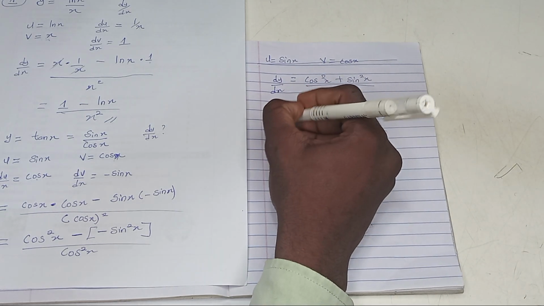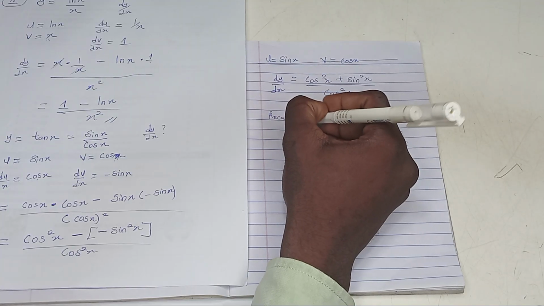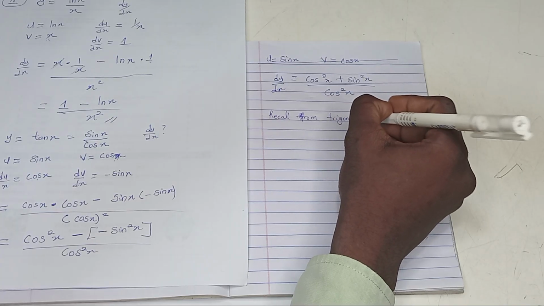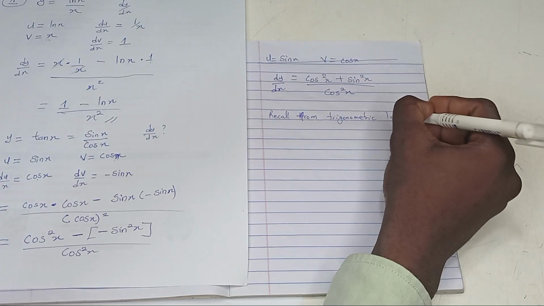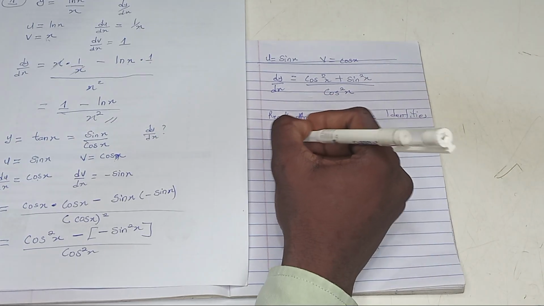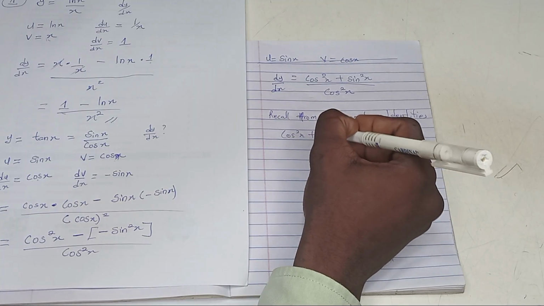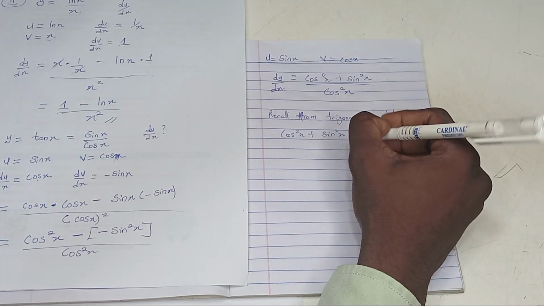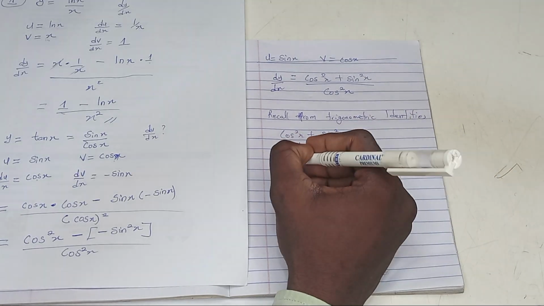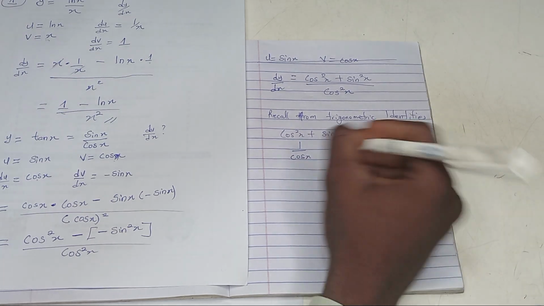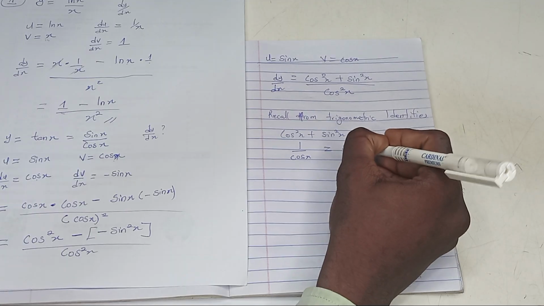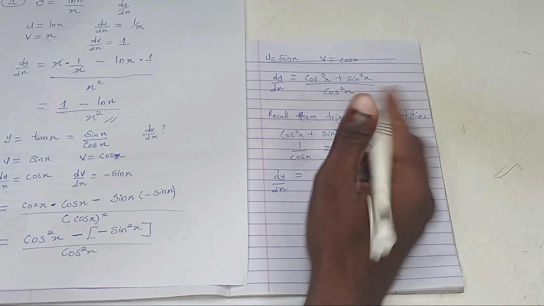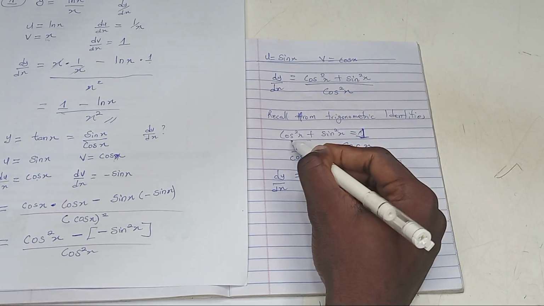Recall from trigonometric identities that cos squared x plus sin squared x is equal to 1.